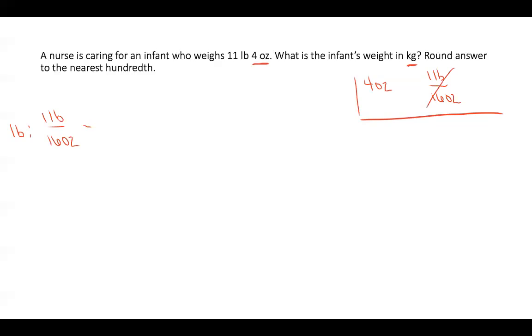Now, what do I do next? Well, I'm going to look at the unit of measure in the denominator here, which is ounces, 16 ounces, and I'm going to match that unit of measure in the numerator of the next part of my problem. So I need ounces. So I come up to my box and I find ounces.